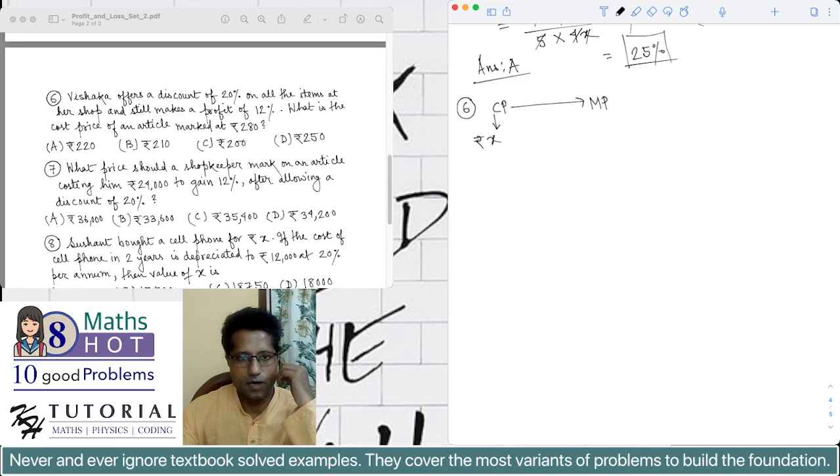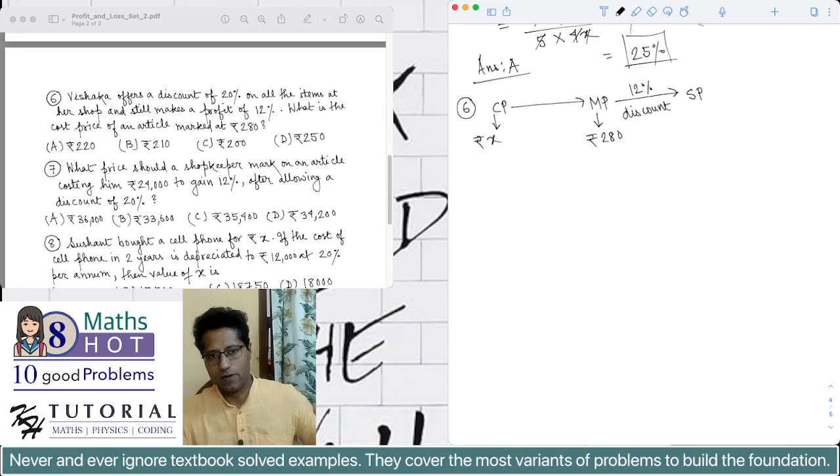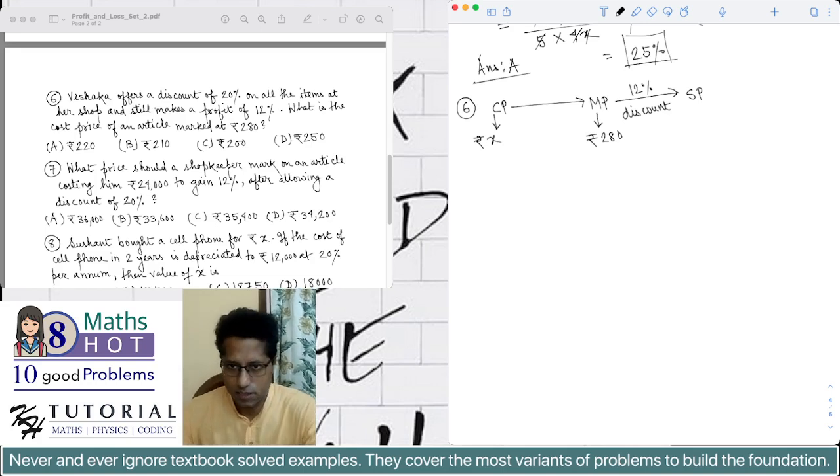The marked price of an article is given to be rupees 280, and from the marked price there is a discount of 12%, after which we will get the final selling price. Now, it is also given that there is a net gain of 12%, which is based on SP and CP.